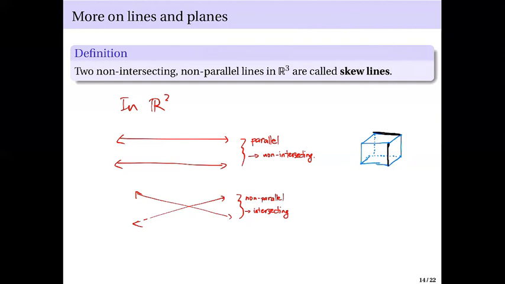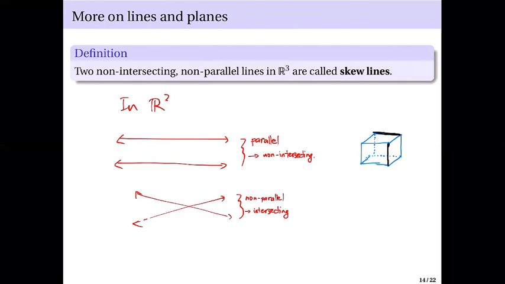But for this pair and this pair, they are non-intersecting and also non-parallel. So these two pairs are called skew lines. So there's a possibility that you will have lines that are not intersecting and not parallel in three-dimensional space.